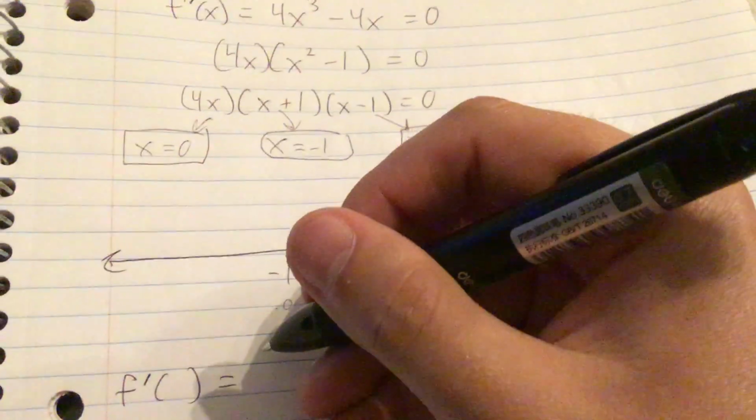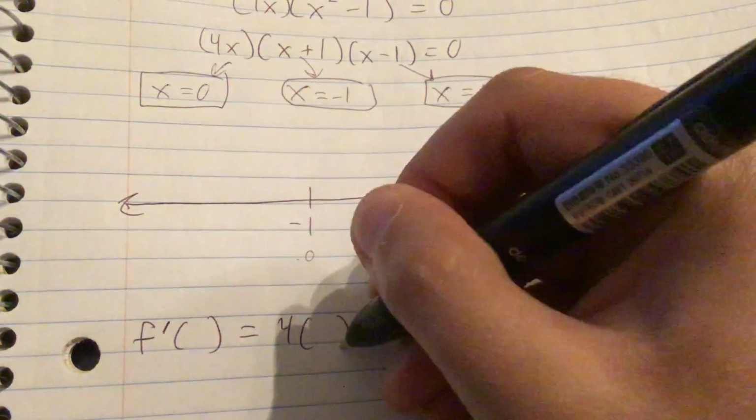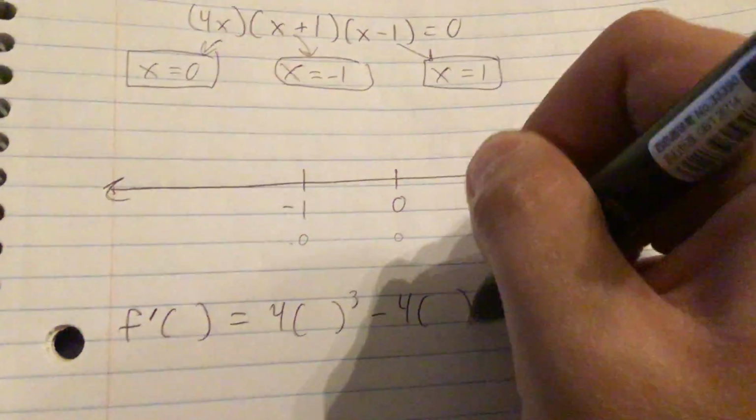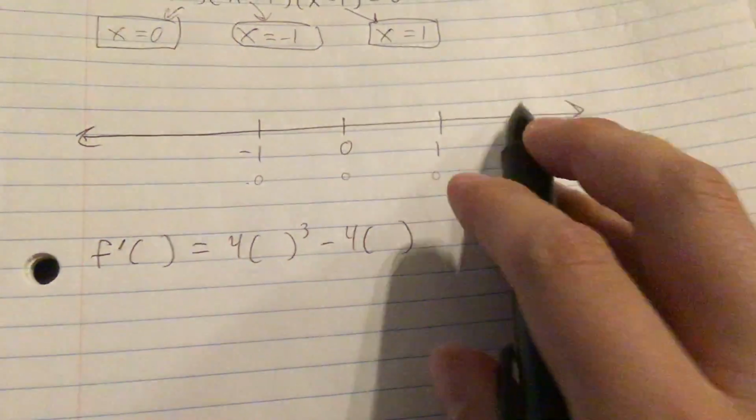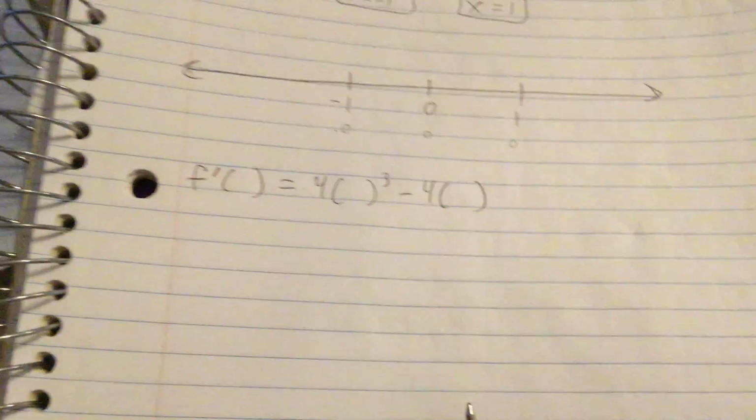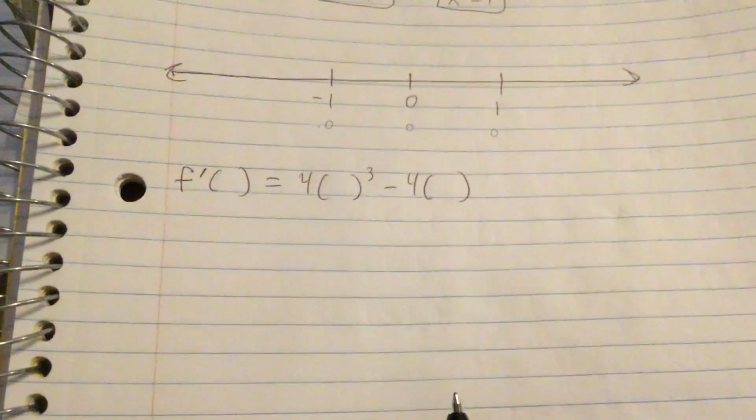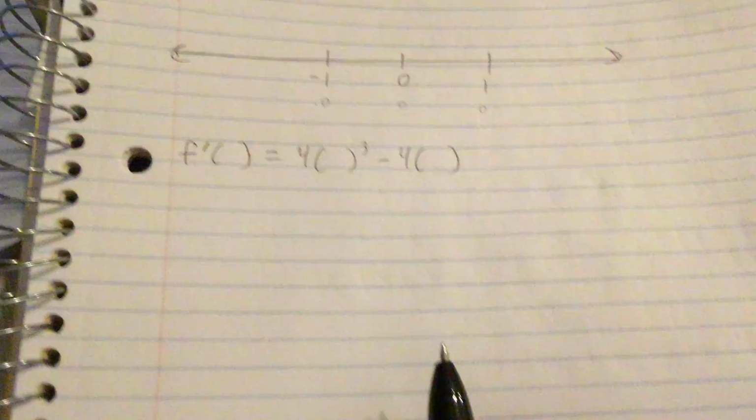So let's calculate the behavior. So f prime of x is equal to 4x cubed minus 4x. So let's do that. If this is tedious, I'm glad, because the next video shows it much easier, I assure you.